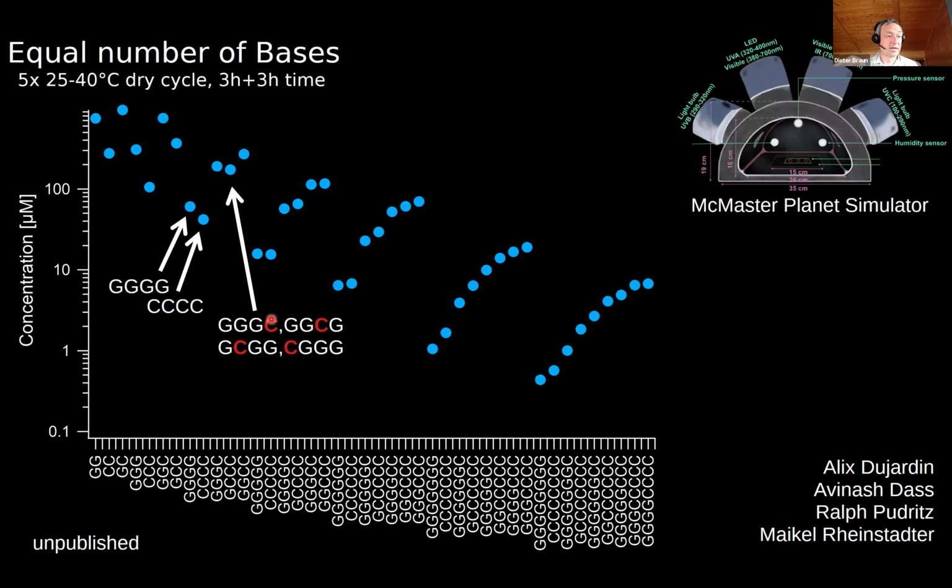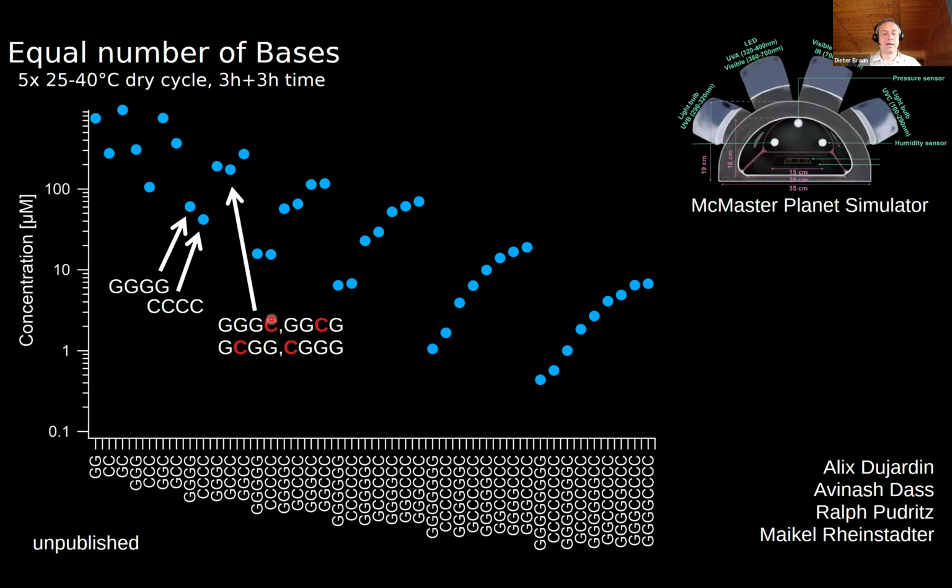And that's why it's higher in concentration. So it could mean that we would have a balanced sequence polymerization of G and C, polymerizing very much the same. And we tried this afterwards a lot of times, and we are struggling to actually see this again. We just can't reproduce it.